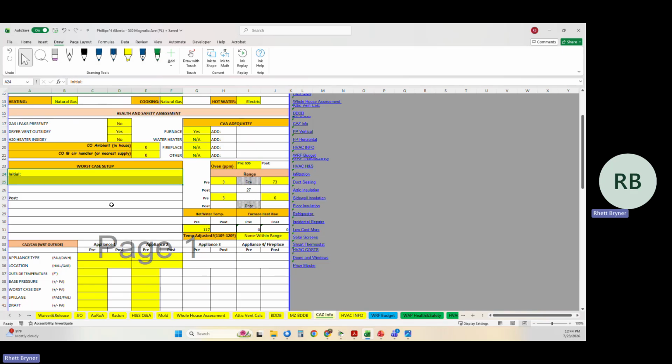Usually if the water heater or the furnace is placed inside the building envelope, then you would need to do a worst case test to make sure it's not going to be unsafe for the homeowner or the residents. Okay. So that's not always going to be necessary, but if it is, it will be recorded in the photos from the report and you will take action if needed.